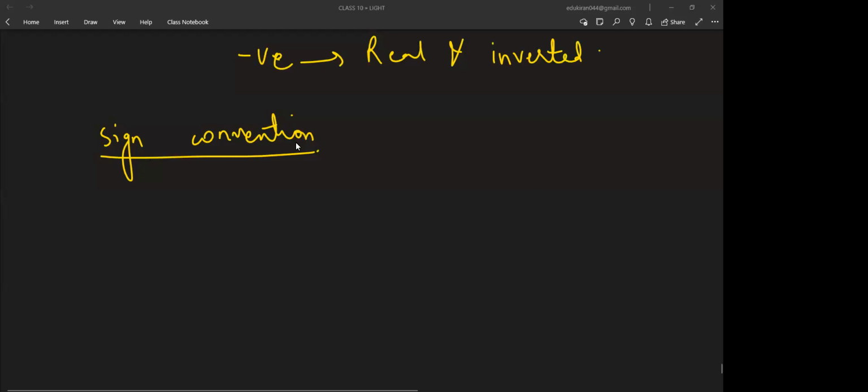Look, we have the focus, we have the object distance, we have the image distance. So when you have the concave lens, focus is negative. Remember, it is formed in front of the lens, and in front of the lens, we take it as negative.